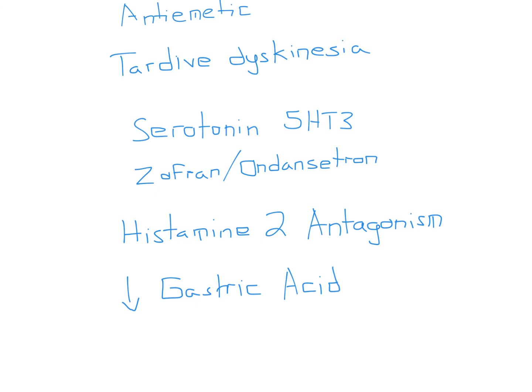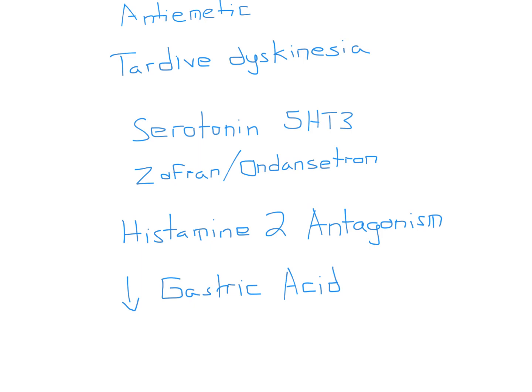It is used more for GERD, gastroesophageal reflux disease, to decrease the gastric acid by stopping histamine from binding to the parietal cells so that protons cannot be pumped into the lumen of the stomach. Once again, this is used for GERD, so it wouldn't be relevant to this question.